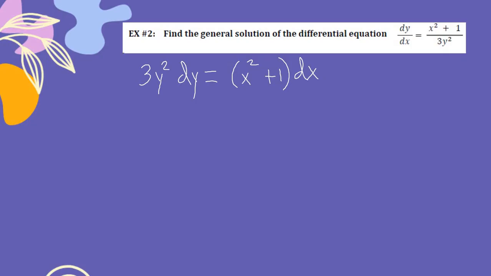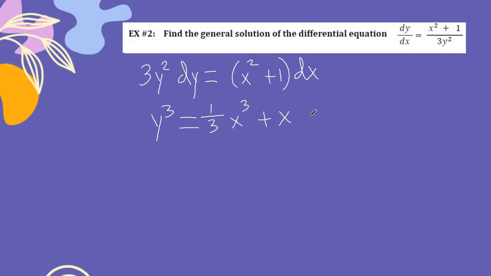Okay. What's the antiderivative of 3y squared? Y cubed. What's the antiderivative of x squared? Yeah. And the antiderivative of 1: x.